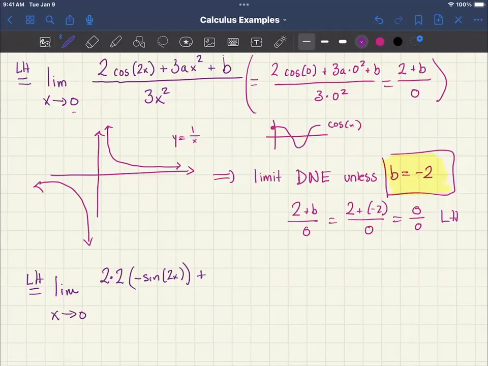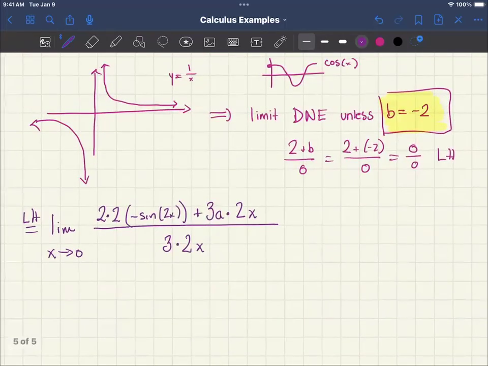Plus, we are going to do 3a, bring that 2 down, subtract 1 to get our new power. b is just a number. In fact, b is negative 2, so that's going to vanish when we take the derivative of our numerator. So we're left with only 2 terms on top. And in our denominator, we bring our power down and we subtract 1 to get our new power.